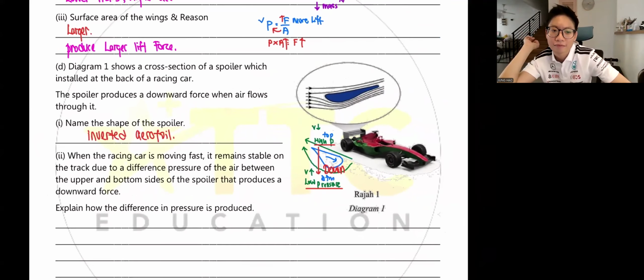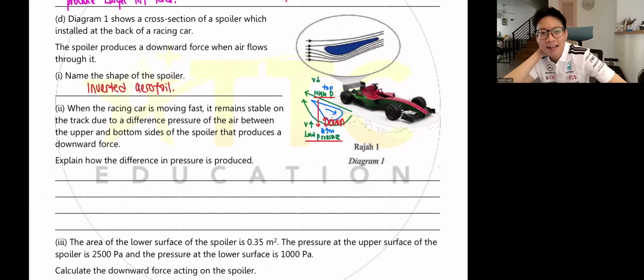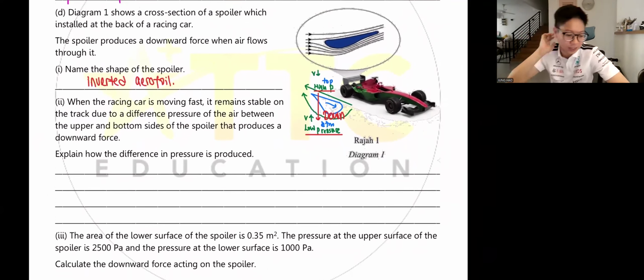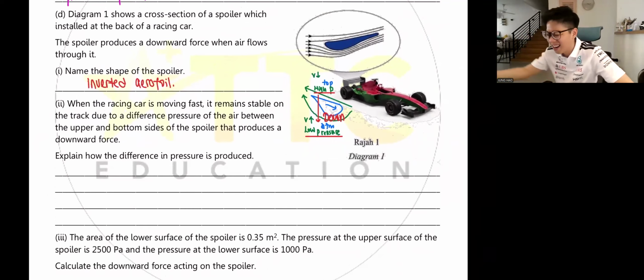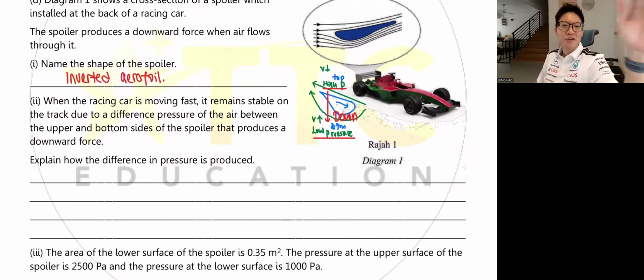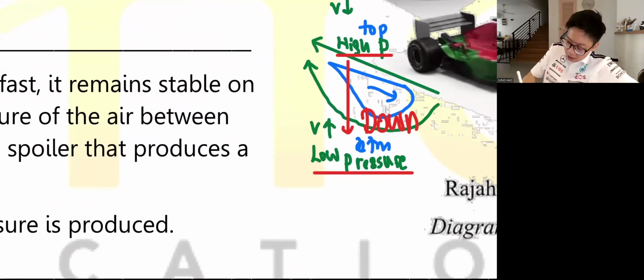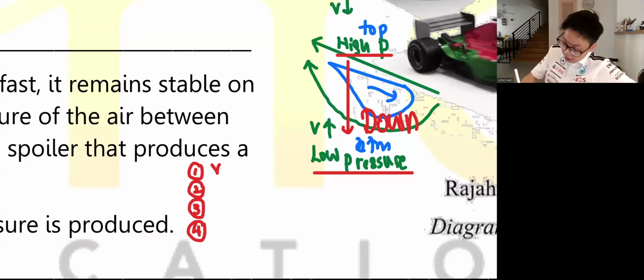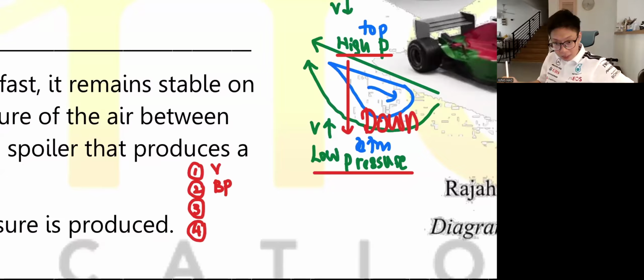Okay, so explain how the difference in pressure is produced. All right, guys, is it going to be difficult? No. When the racing car is going fast, it remains due to the pressure difference. So, guys, see my formula is like this. 1, 2, 3, 4. We talk about velocity. We talk about Bernoulli principle. We talk about pressure.